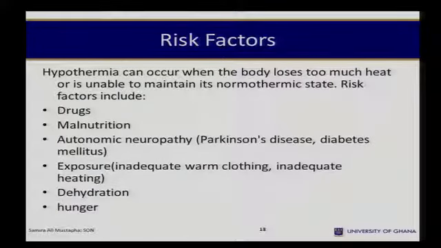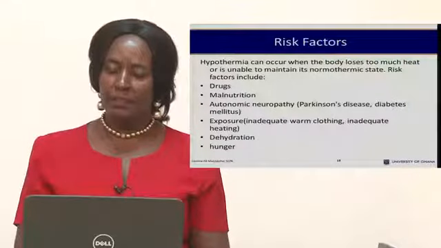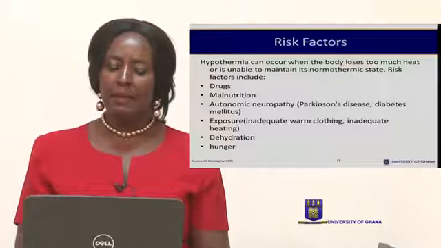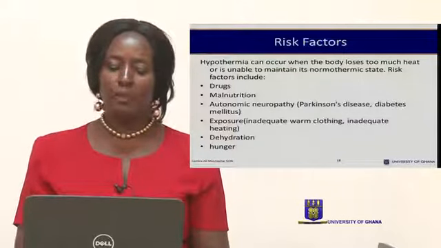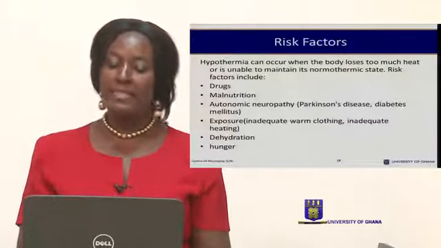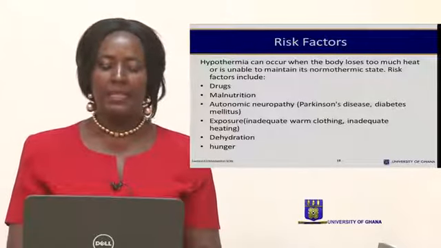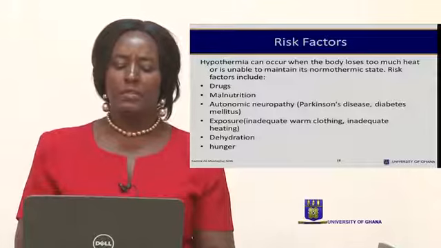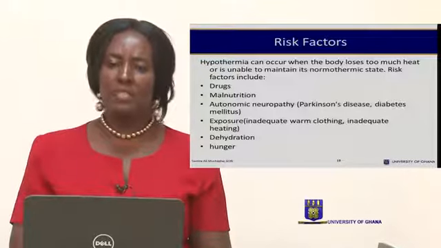Risk factors: we're saying that hypothermia occurs as a result of some drugs that are given, malnutrition, and then we have some diabetic mothers or some autonomic neuropathy. Parkinson's disease comes here, and then overexposure when the baby is not well covered, so the baby loses heat.